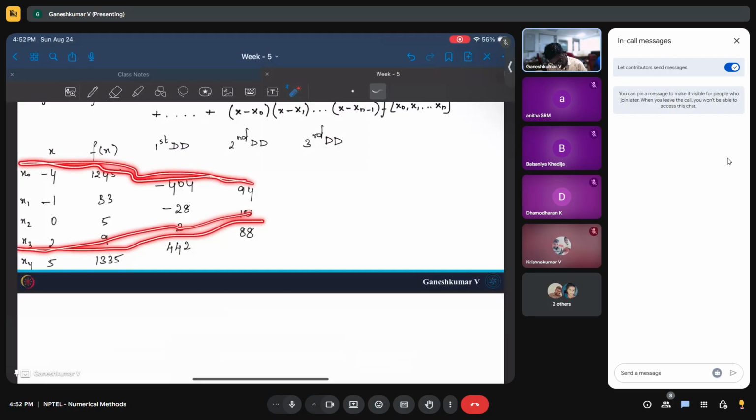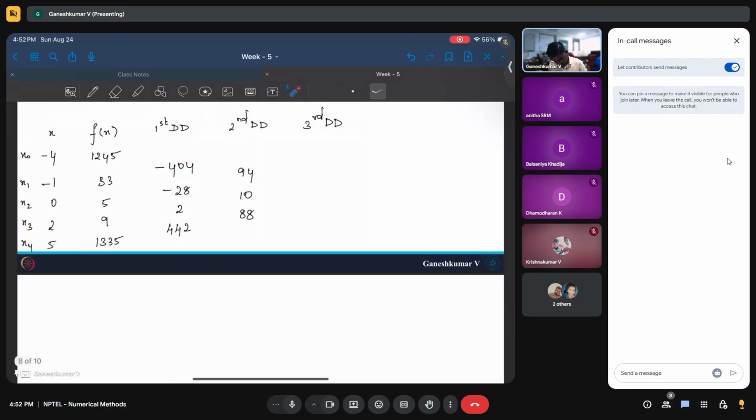So 10 minus 94 divided by 2 plus 4, which is 6, minus 40. And then 88 minus 10 divided by which one? 5 and minus 1. 5 minus 4 minus 1 is 6, so it's going to be divided by 6, which is 13.